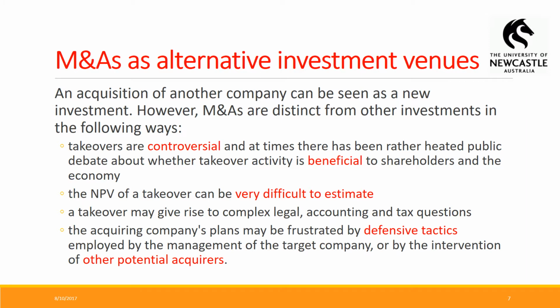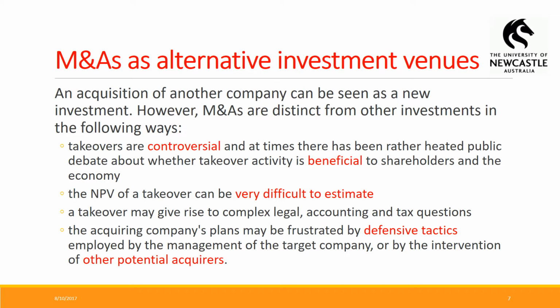Finally, unlike normal direct investments, in an M&A transaction, the target company might have defensive tactics that make it harder for the acquiring company to buy the firm, right? We mentioned before that there's an agency conflict between the target company's management and the shareholders.